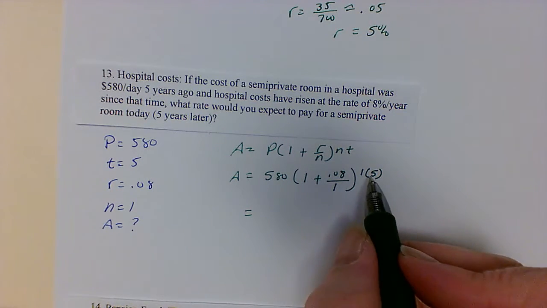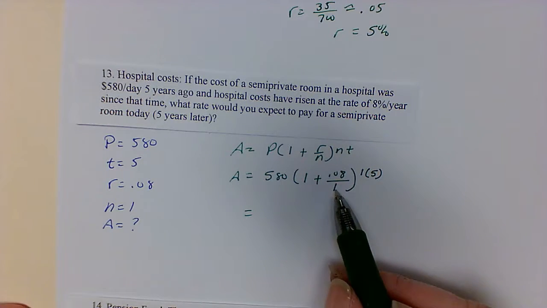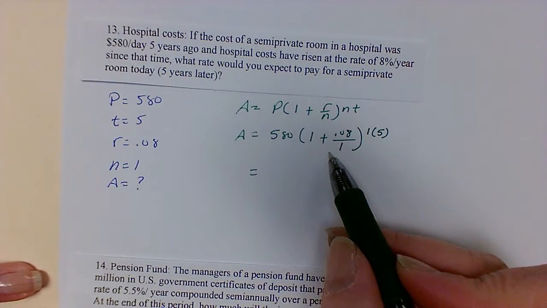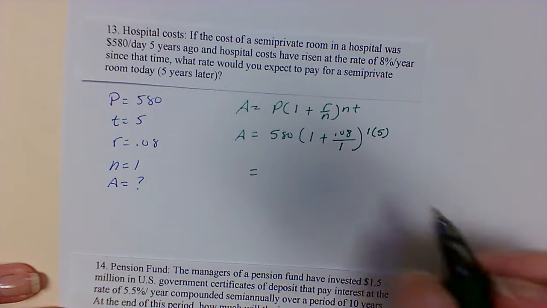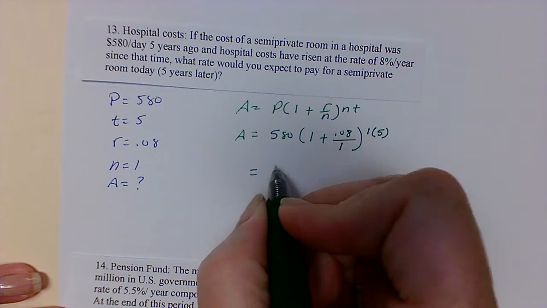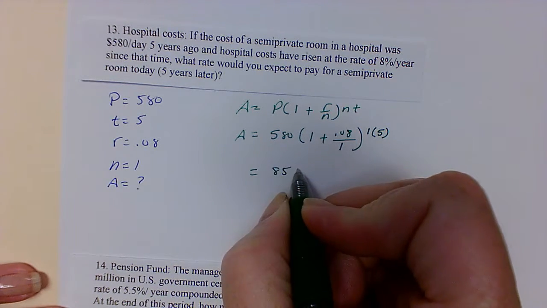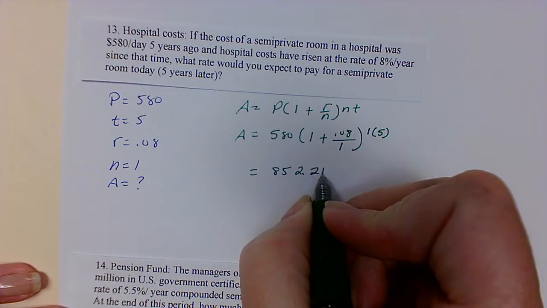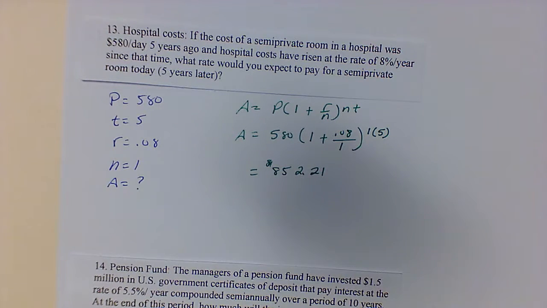So you can plug that all into a calculator. Again, you probably wouldn't need to plug in the ones because those aren't going to change our value very much. So what we're finding, though, is that it'll be approximately $852.21. So the hospital room has gone up quite a bit.